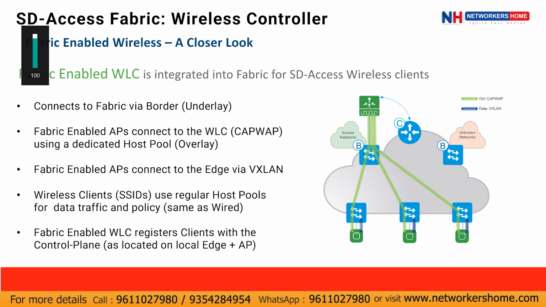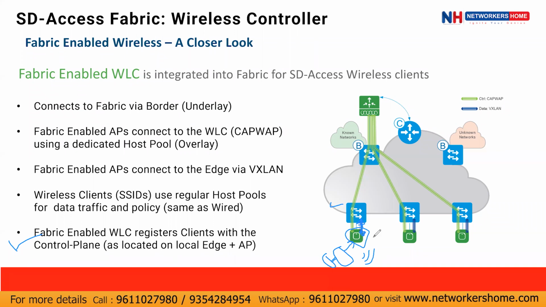Don't worry. Pranav, I don't understand the last point. What does it say: fabric enabled WLC registers clients with a control plane? I'm not very comfortable with the wireless side of it. No problem. Let me relate this point to what I said. This edge will treat this wireless client the same as the wired client, because this access point is already forming a VXLAN tunnel with the edge node.